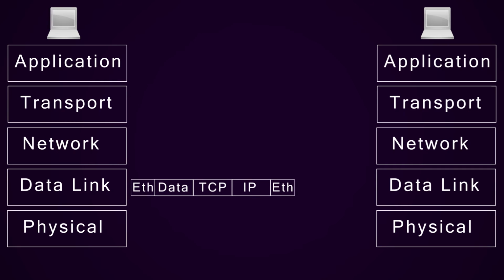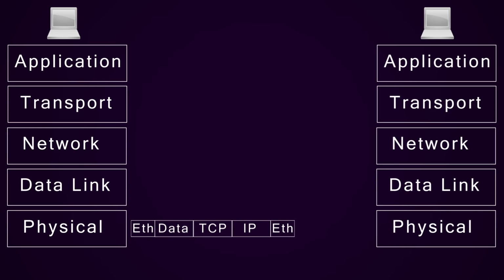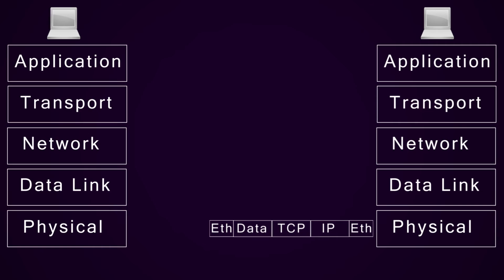Finally, this is passed to the physical layer, where the fully encapsulated data is sent from the network interface card and to the receiving computer. When the traffic arrives at the physical layer of the receiving computer, it begins decapsulating the traffic, unwrapping it as it's passed up through the 5 layers of the TCP/IP model to be finally received by the application. In this case, your friend's email application.